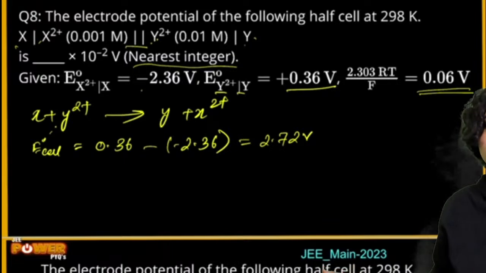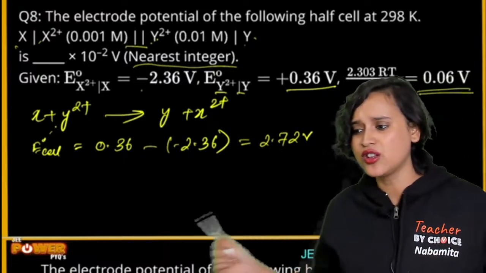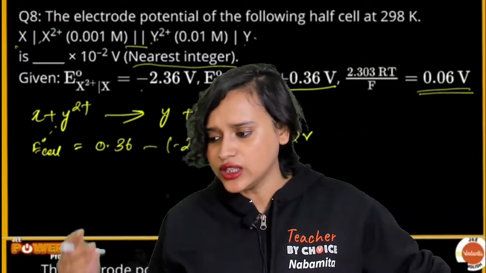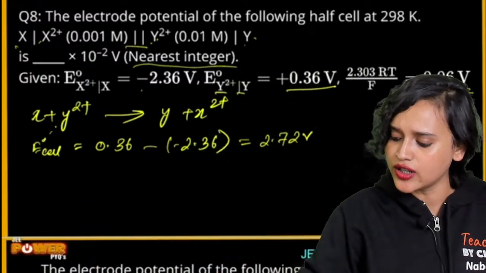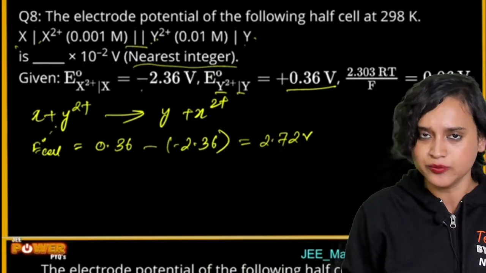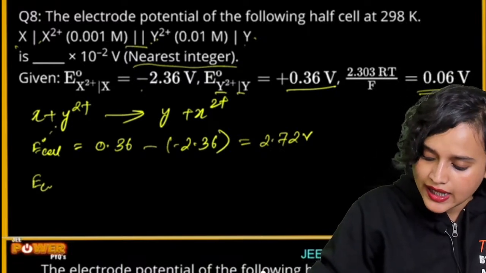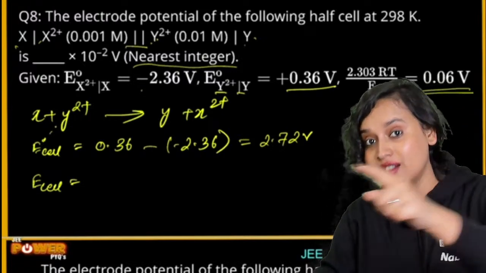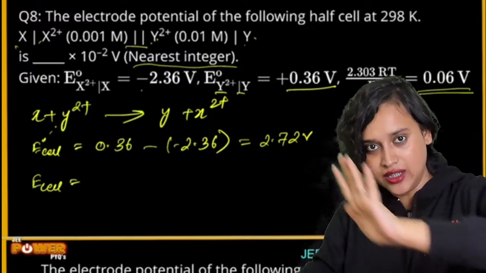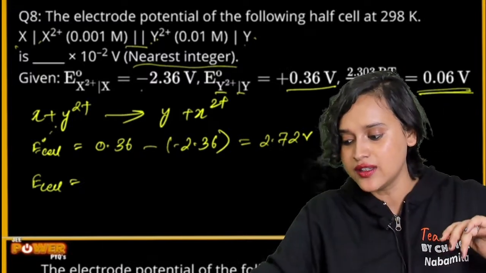E naught cell is equal to cathode minus anode, that's all we have done here. So you get E naught cell is equal to 2.72. Now let us calculate E cell is equal to E naught cell minus that 0.059, right? But instead here we are given 0.06.